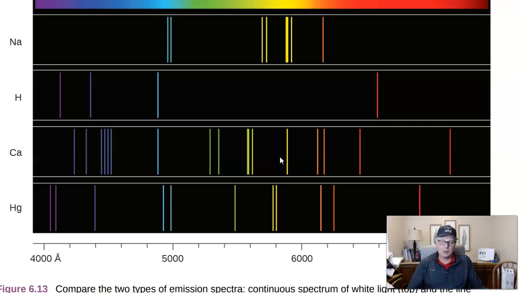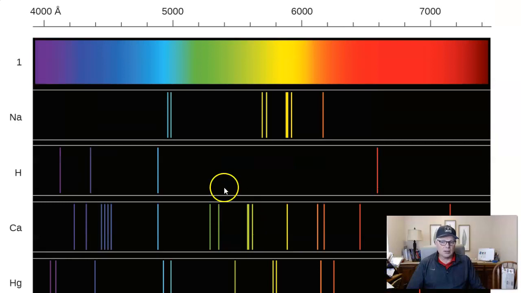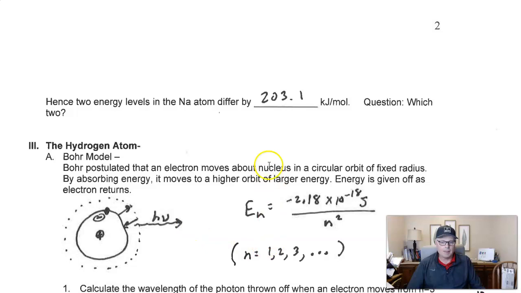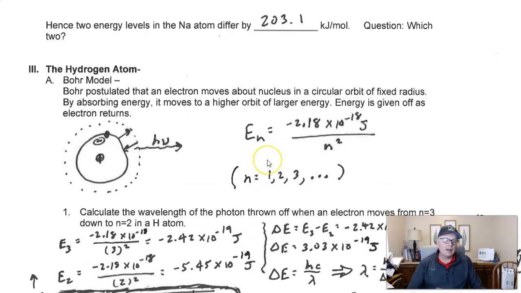I don't know the top one, I don't know the bottom one, and even if I did, that wouldn't work for hydrogen, calcium, or mercury. So we've got a ways to go here, but we're starting to make progress, I guess. Okay, if you were going to study electronic structure and spectra, would you start with sodium? What would you start with?